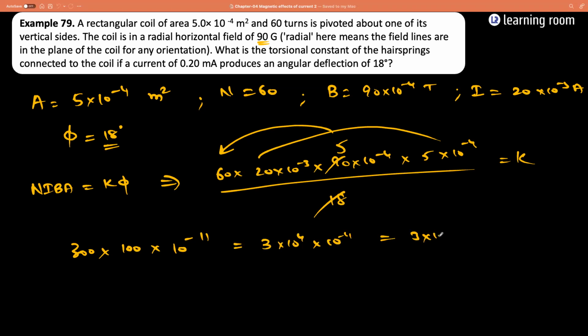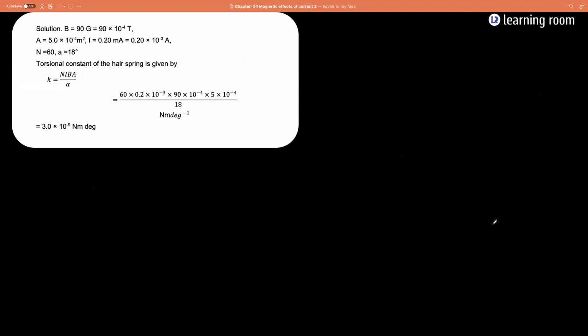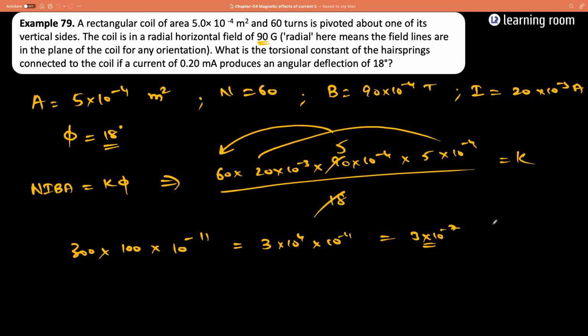It should be 3 into 10 power minus 7, no? Sir, should we take 18 degrees directly? The answer should be 10 power minus 9, sir. Minus 9. One minute, let me check. So 300 into 10 power minus 7. Sir, it's 0.2. Oh, 0.2.